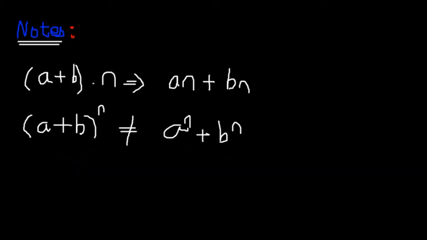And this is also the same for a minus b the whole power n. So we can write a minus b the whole power n is not equal to a power n minus b power n.